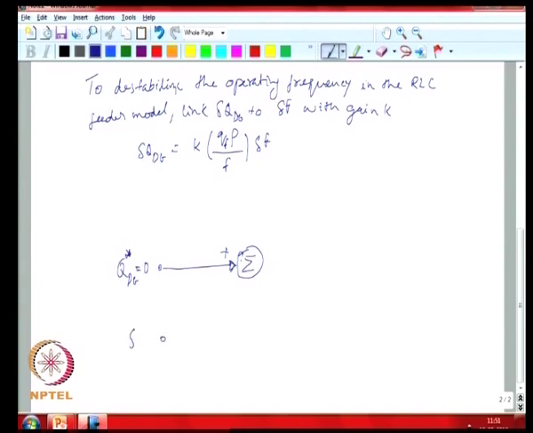And you could measure the frequency and pass it through a high pass filter or a washout network to get the change in frequency, and you can link that with K, Q f, and provide this. Depending on the type of DG that you have, whether it is a synchronous machine or an inverter, you could link it to the exciter.